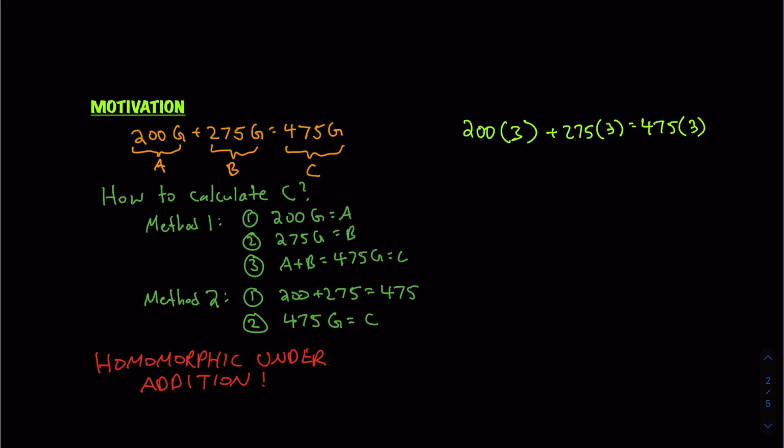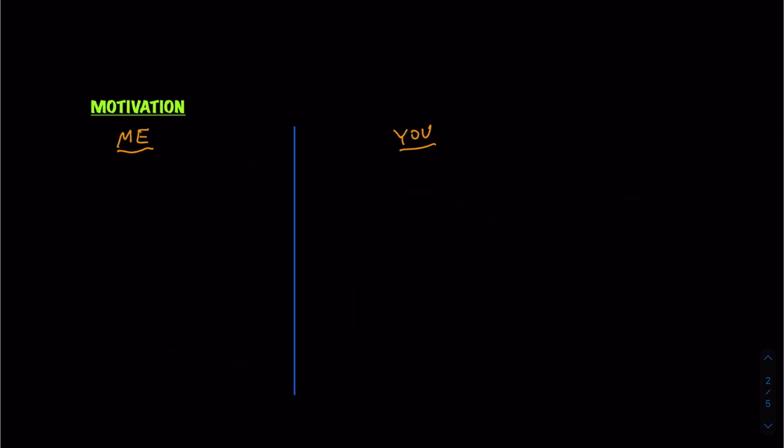Look, here's the big deal. The big deal lies in the fact that we also have a special property for elliptic curve groups, which is the hardness of the discrete log problem. Let's go back to our elliptic curve example. Say I made A by doing 200 times G on my own, and I also made B by doing 275 times G on my own.